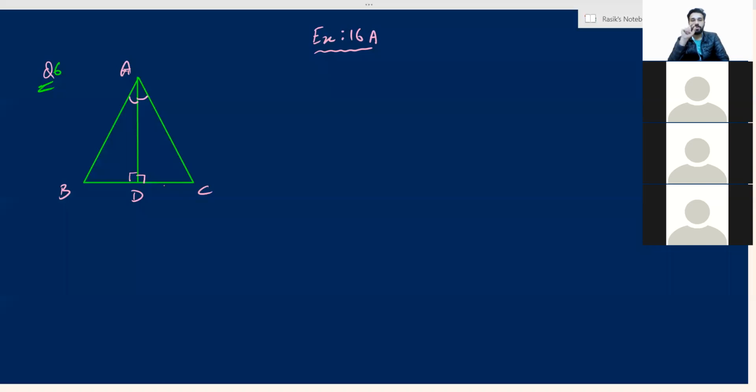So your motive is to prove that AB is equal to AC. To prove it, you will prove that these two triangles are congruent. Then you can say AB is equal to AC by CPCT, corresponding parts of congruent triangles, and hence triangle ABC is isosceles.